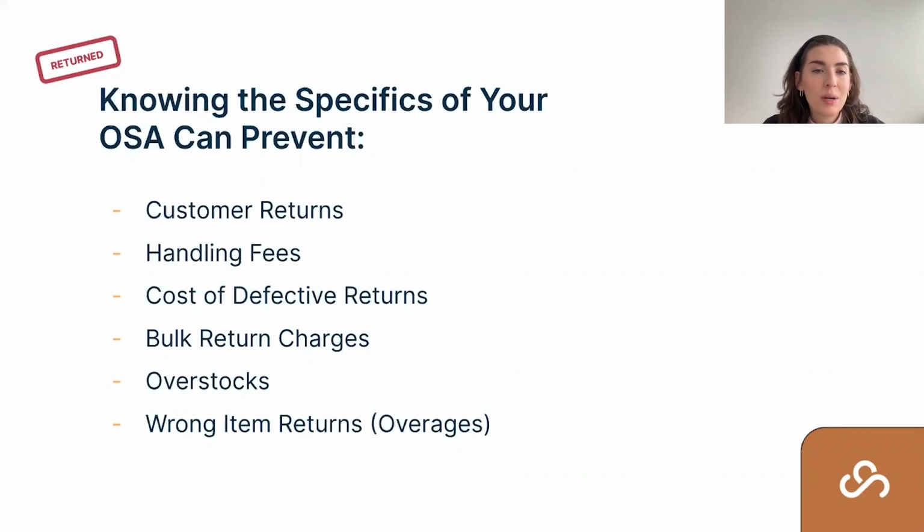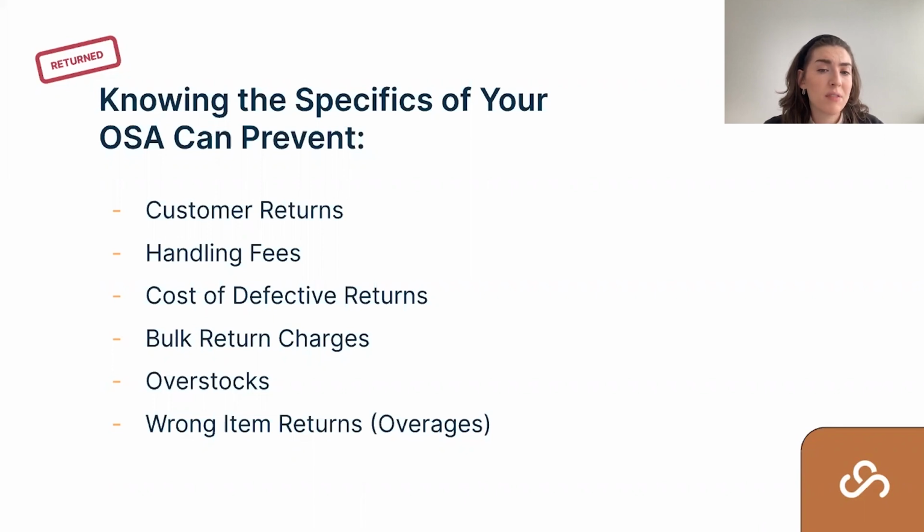So in your OSA, know where your customer returns are supposed to go and how they're supposed to be handled, and whether handling fees are outlined clearly, or specifically not outlined. If you're not supposed to have any handling fees because your prepaid supplier is picking that up for you, or XYZ, the cost of defective returns.